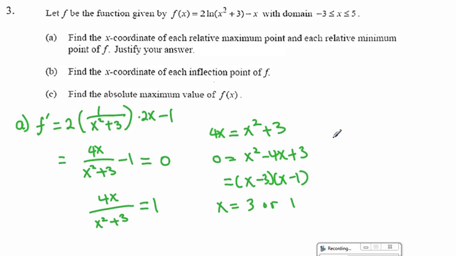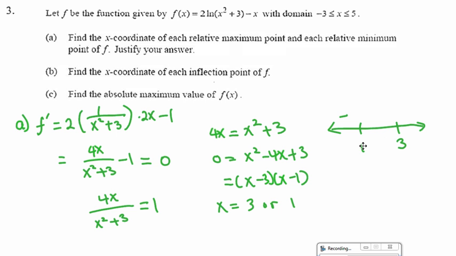In fact, both of these values are within the boundaries. We need to do the number line. Here we have 1, we have 3. Since the first derivative can be expressed in this way, let's see. If you plug in 0, then the top becomes 0, so therefore we're going to get a negative number.